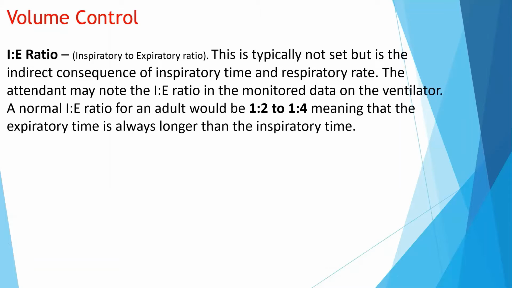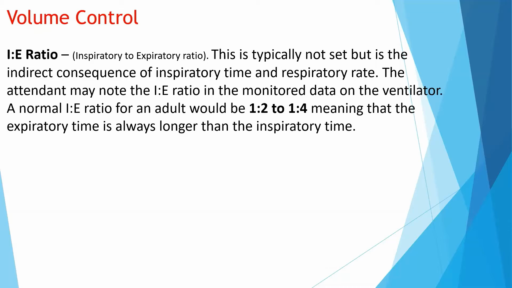IE ratio, the inspiration to expiration ratio, is not typically set on a ventilator, but it is an indirect consequence of the inspiratory time and the respiratory rate. The attendant may note the IE ratio in the monitored data on the ventilator.